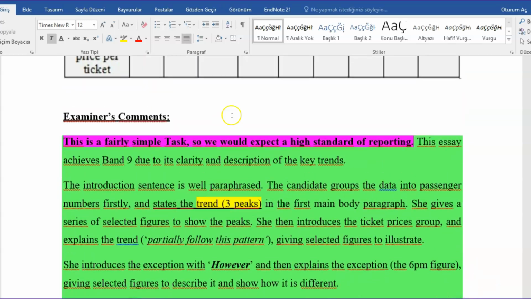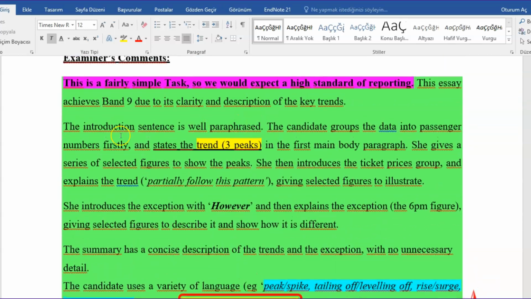What are the examiner's comments? This is a fairly simple task. We have just one table, so we would expect a high standard of reporting. This essay achieves band 9 due to its clarity and description of the key trends.